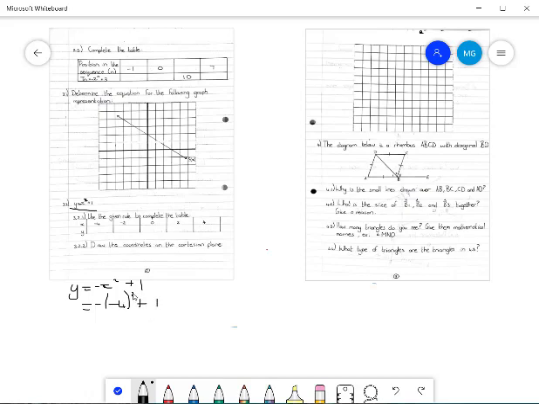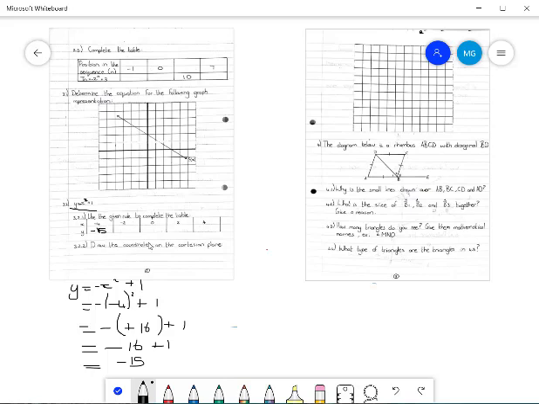Okay, so negative 4 to the power of 2 is going to be positive 16. A negative and a negative makes a positive. 4 times 4 is 16. So to get this bracket away, you need to multiply the negative in. A negative and a positive stays negative. It stays negative 16. And that gives me negative 15. Okay, so if x is minus 4, then y is negative 15.